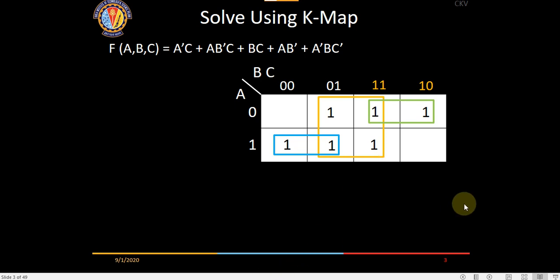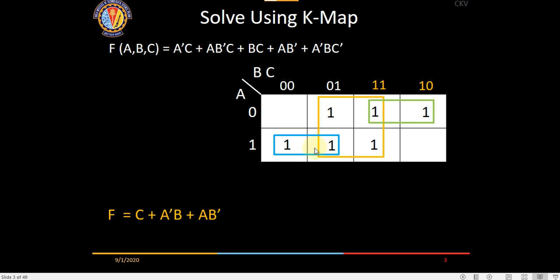It will be B. Yeah. This one will be B, no, it is C, right? B is changing. Yeah, C. And for this, A is 1 here for both of these, and C is changing.